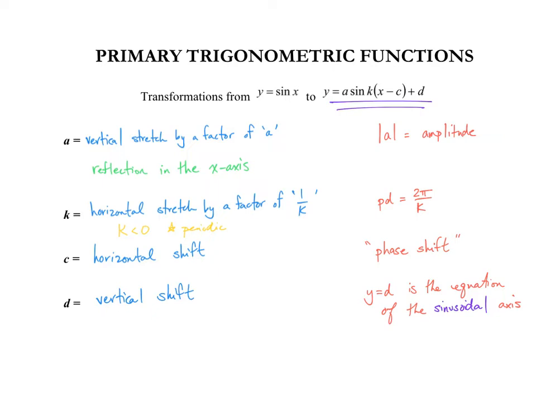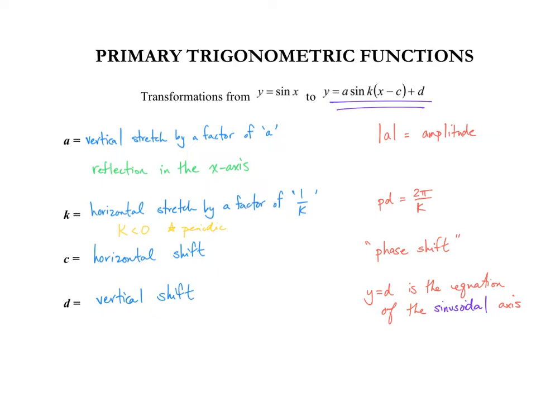Now, there are some other things that aren't really needed either. However, we may get to a point where we just say, if we need a curve to look a certain way, we can get there through different transformations than a reflection in the y-axis. So we never have to worry about our k value being negative. That hopefully is a review from grade 11.